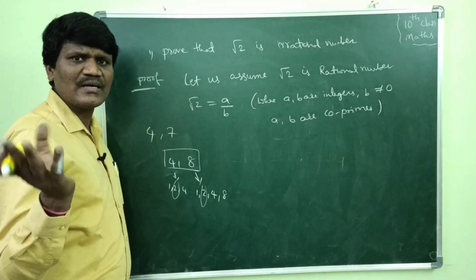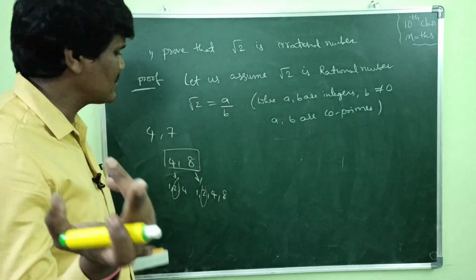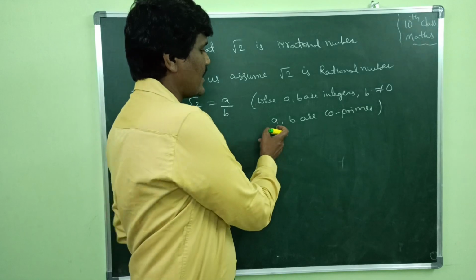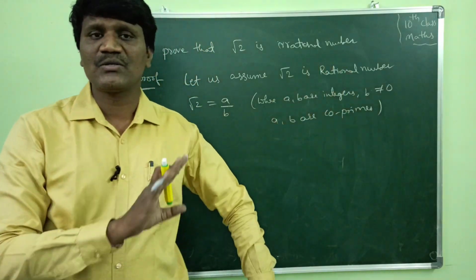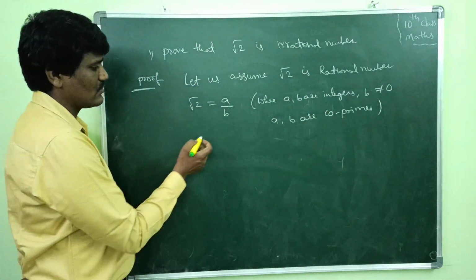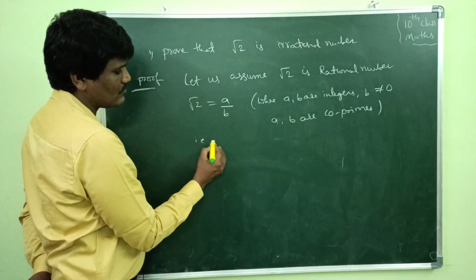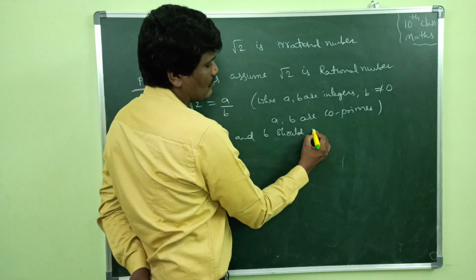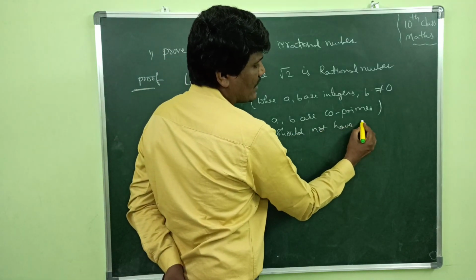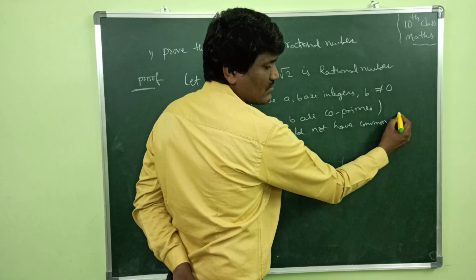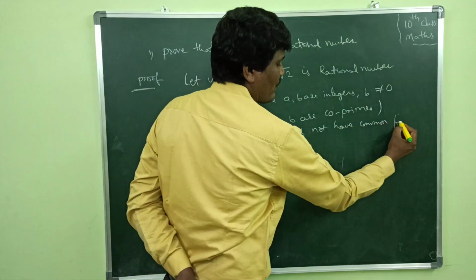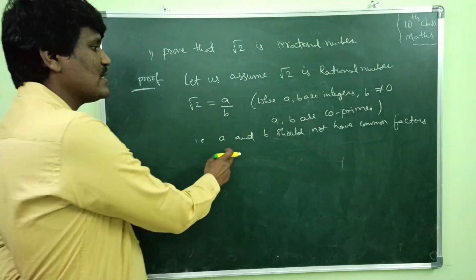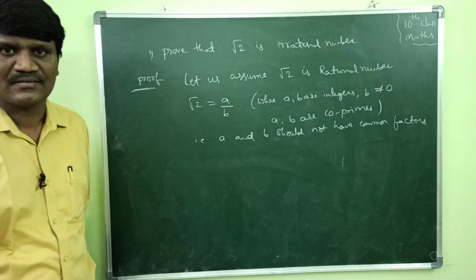If a common factor is there, then they are not co-primes. So here a and b are co-primes, that means a and b should not have common factors, right?